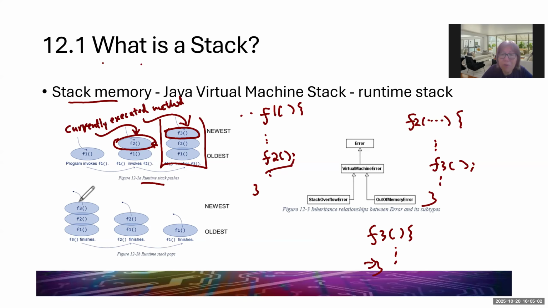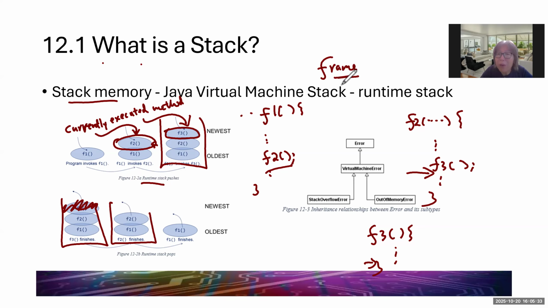After it finishes execution, it will be removed from the stack. That's how the program knows it will continue its execution at the statement right after F3, because F2 is at the top. So the frame, or activation record, keeps track of this information.